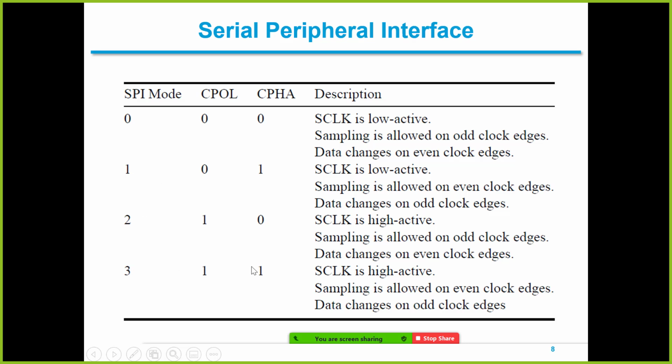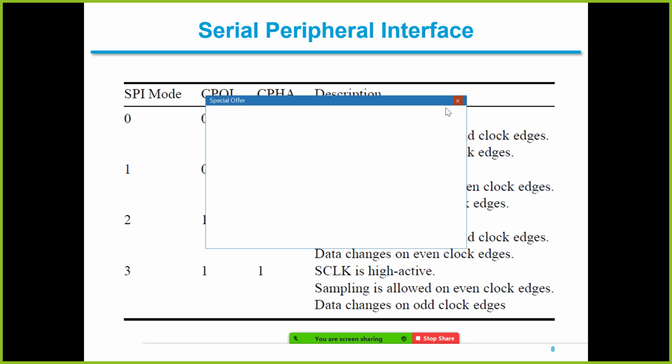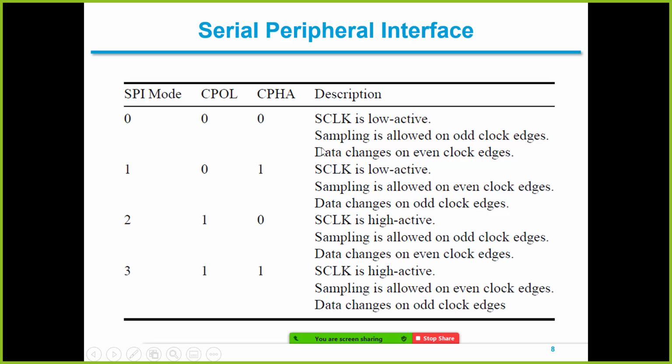The first mode is when the clock polarity is 0, it's active low, and the clock phase is 0. The description is that the clock signal is low active, because the clock polarity is 0.